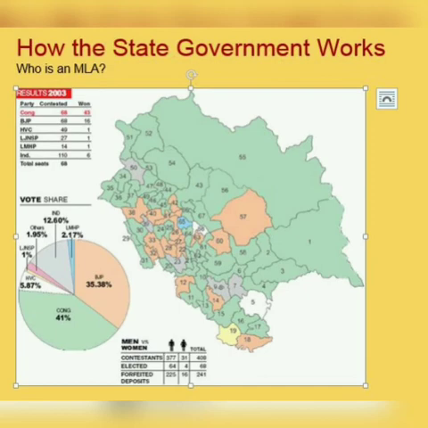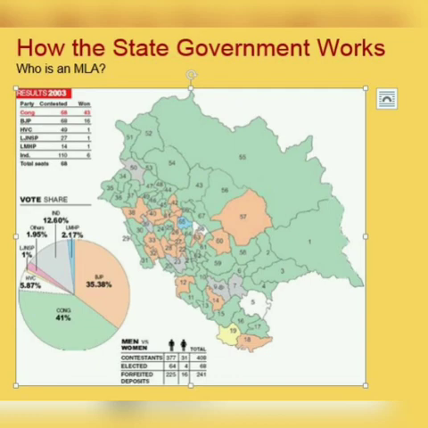After the elections, the MLAs belonging to the ruling party elect their leader, who will become the chief minister. In this case, the Congress party MLAs chose Sri Virbhadra Singh as their leader, and he became the chief minister.